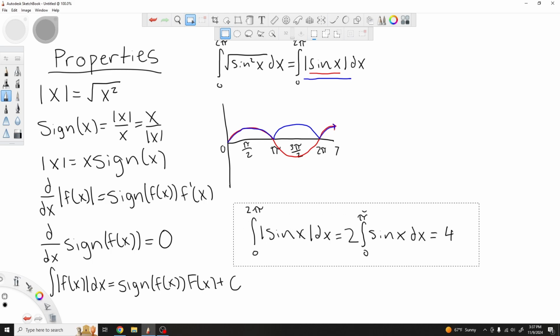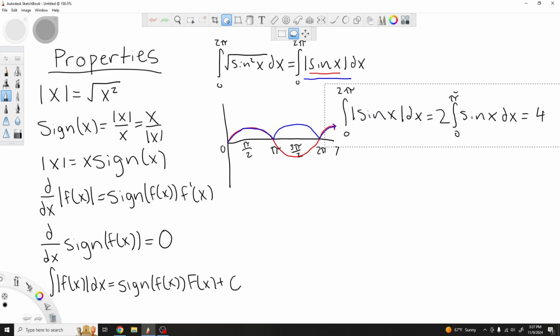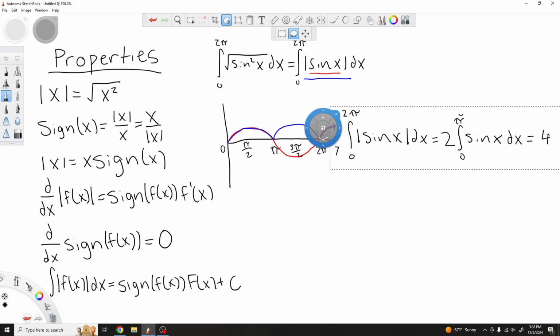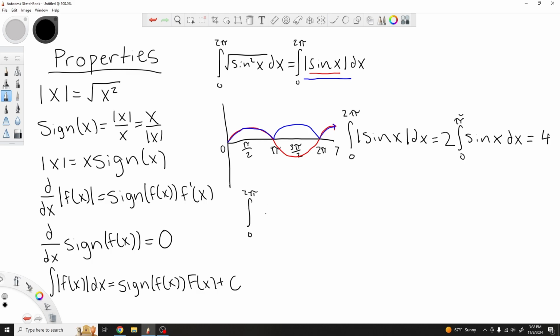And now we can take our formula and see how that evaluates. Okay. So we should see that the integral from 0 to 2 pi of the absolute value of sine of x dx should be equal to the evaluation of negative sine x times cosine x, evaluated from 0 to 2 pi.